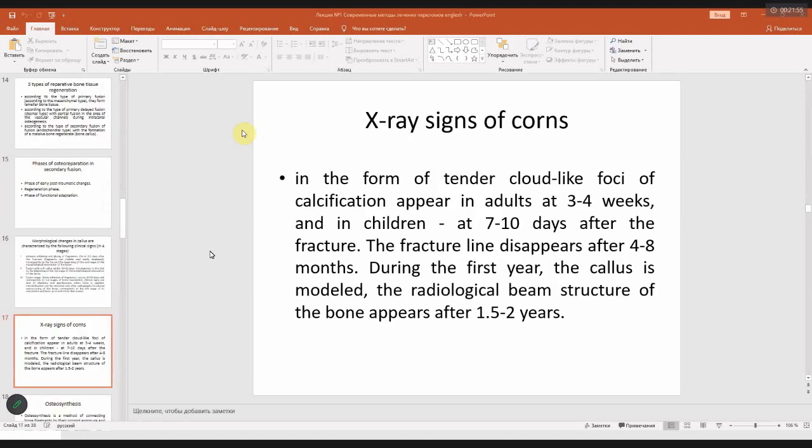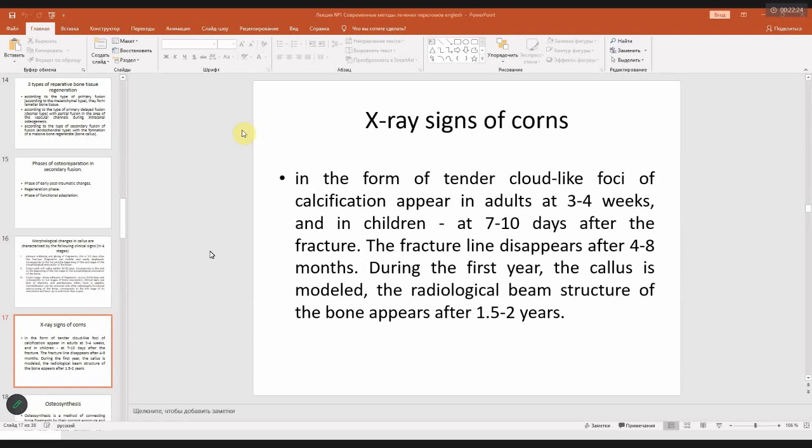X-ray signs of callus in the form of tender cloud-like foci of calcification appear in adults at 3 to 4 weeks, and in children at 7 to 10 days after the fracture.